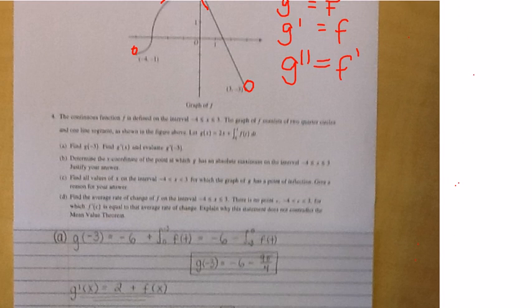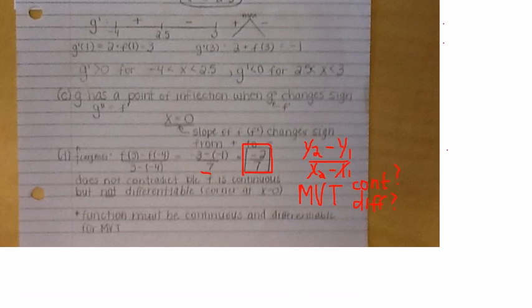If you want to look up here, our function is continuous, but our function is not differentiable because you can't see it, but we have a corner at x equals 0. So the fact that it's not differentiable means we do not have to have this certain c whose slope equals -2 over 7. So therefore, you could say the function must be continuous and differentiable for mean value theorem. Therefore, it does not contradict.